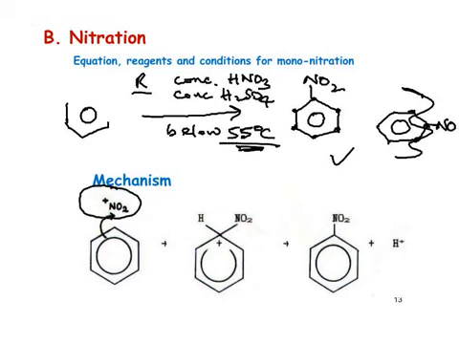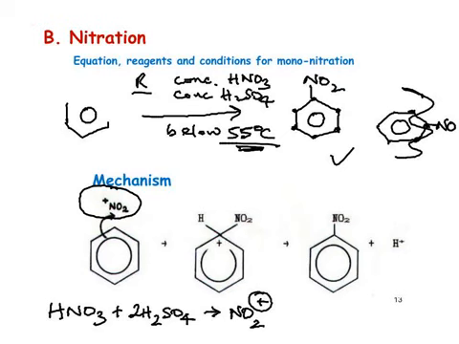We need to consider how the NO2 plus, the nitronium ion, is formed, and you will need to memorize the equation. There are different forms of this. This is one of the ones you could remember. The HNO3 reacts with sulfuric acid, 2H2SO4, and it produces the NO2 plus electrophile.